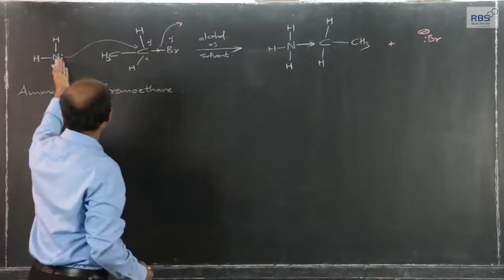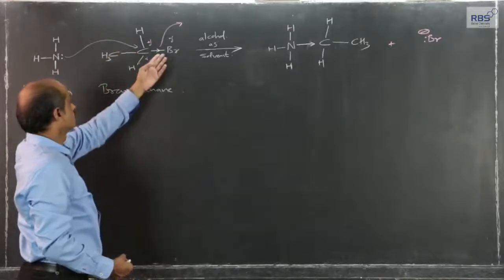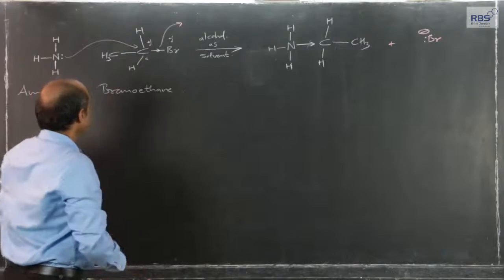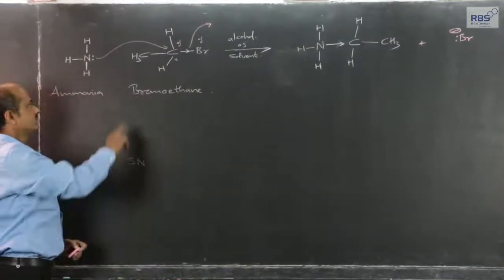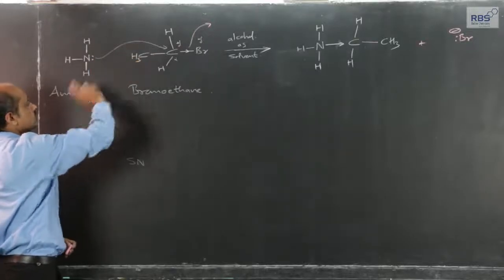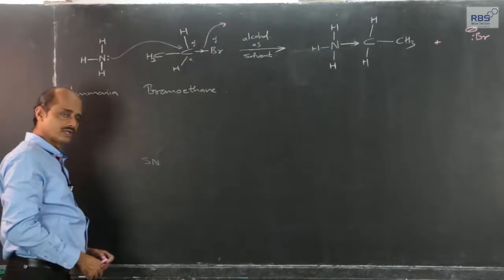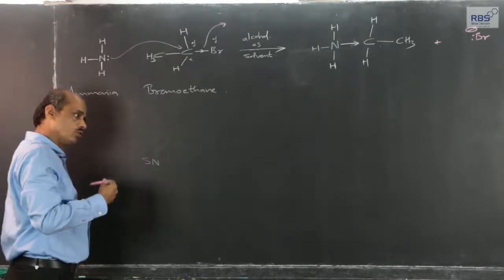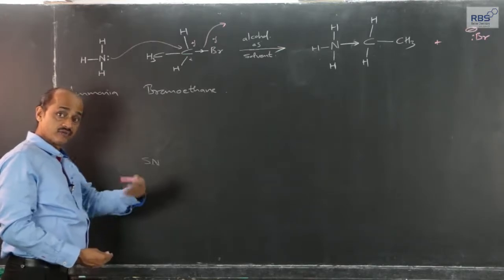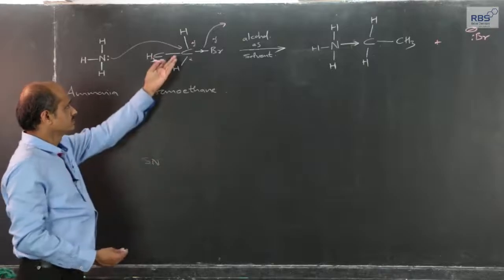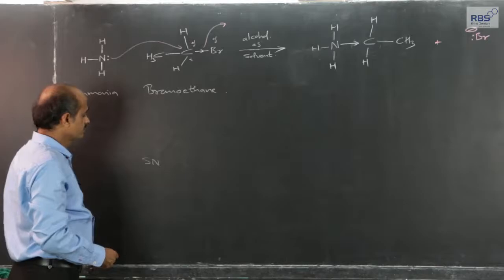So the electron pair on nitrogen is shared, and bromine goes out with the electron pair. So this is an example of SN reaction, and since it is the attack of the electron pair on nitrogen, ammonia is an example of a nucleophile, a neutral nucleophile, because it makes available its lone pair to electron deficient sites. It can be H plus, forming ammonium ion, or it can be some electron deficient site like carbon, as in this case.